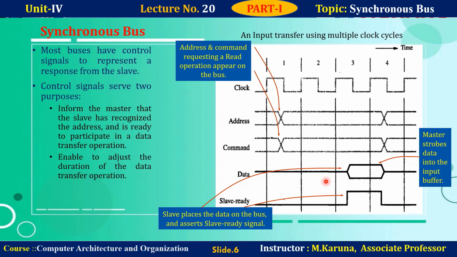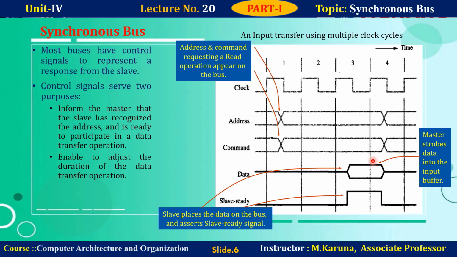The data is placed on the bus in clock cycle 3. At the same time, the slave asserts a control signal called slave ready. This is slave ready. The master is waiting for this signal, and stores the data into its input buffer at the end of clock cycle 3.